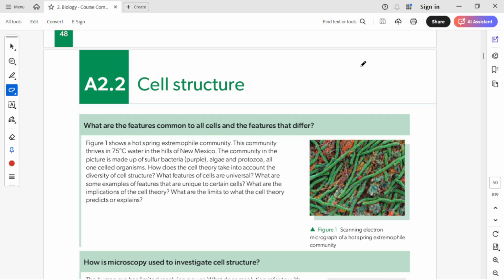First of all, the microscope came into existence, and with the help of microscopes we could study the cell structures very nicely and elaborately. The first microscope that came into existence was a light microscope, and a light microscope magnified any cell image up to 1000x, 1000 times magnification.